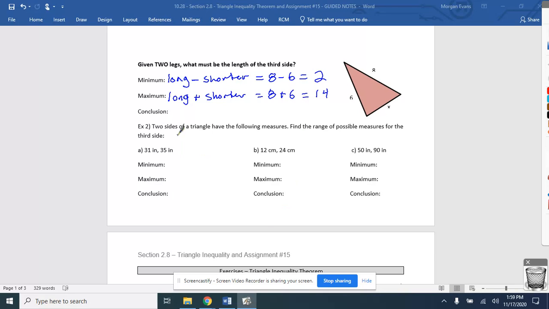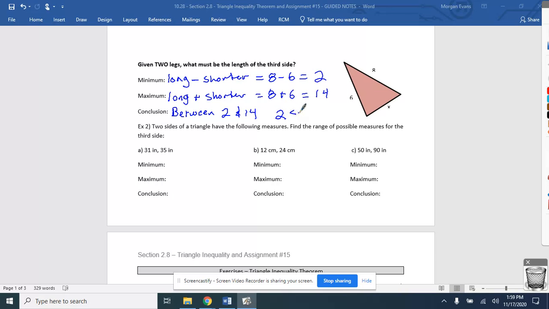So in conclusion, we have to be between 2 and 14. But we can't be exactly 2 or 14 because 6 plus 2 would be exactly 8, and 6 plus 8 would be exactly 14. So that means that we have to be between them and not exactly on them.